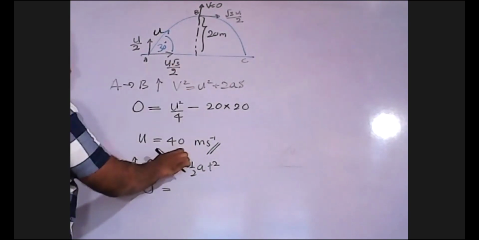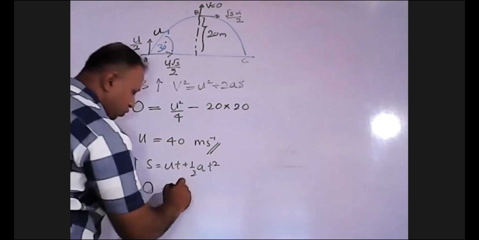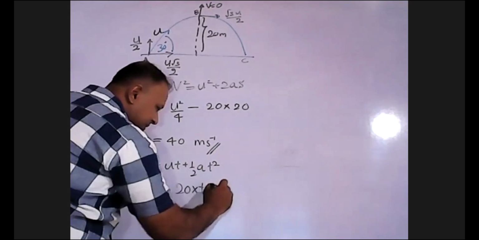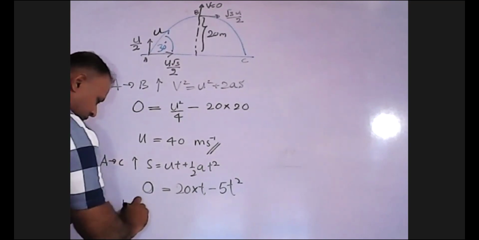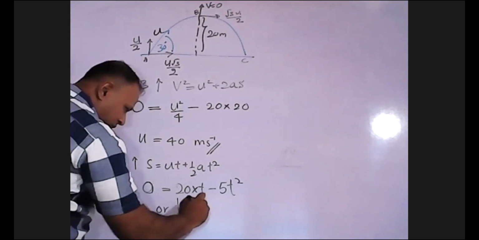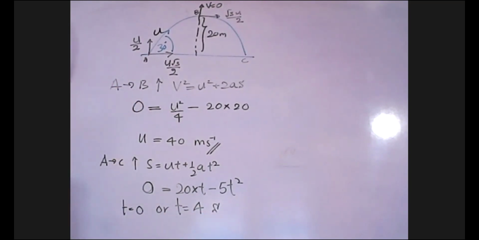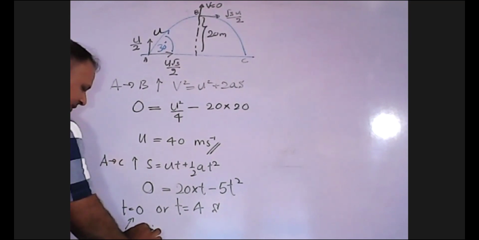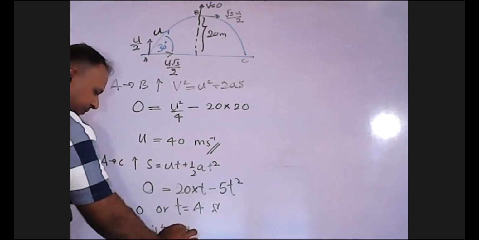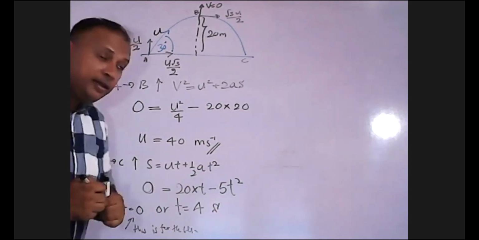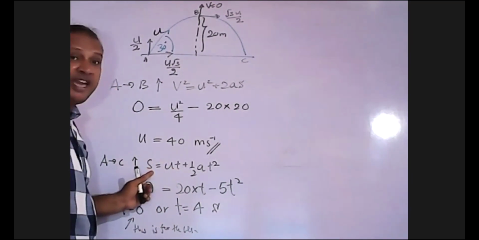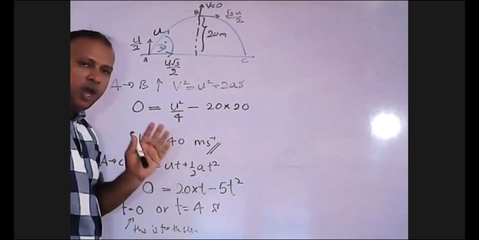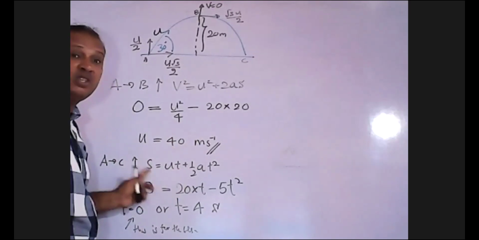Initial velocity is 40 over 2. That means 20 times t minus 5t square. Therefore, t is equal to 0 or t is equal to 4 seconds. t equals 0 is for the beginning, because you have determined the time when the vertical displacement is 0.